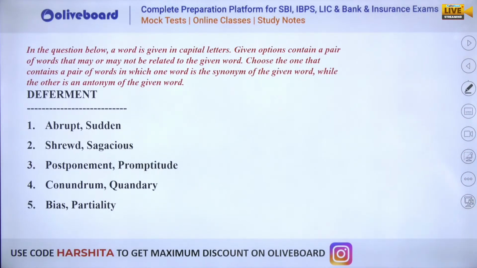Okay, tell me the second one also. See, 2 questions done within few seconds. Basic vocabulary asked. Okay, one synonym and one antonym pair you have to mark. Tell me. Now here also I will feel, here it is given deferment.